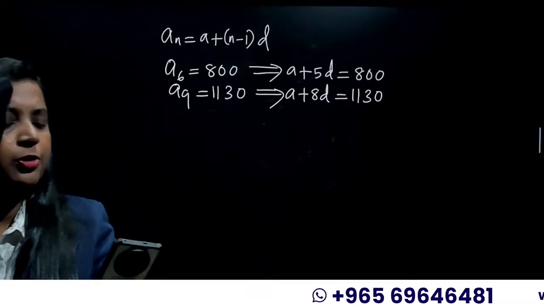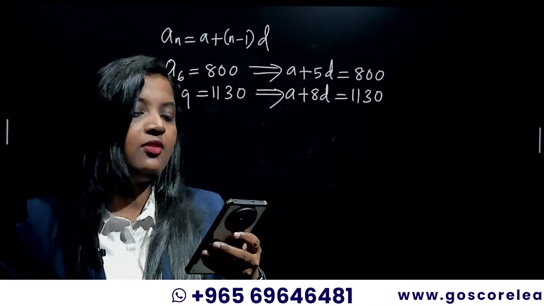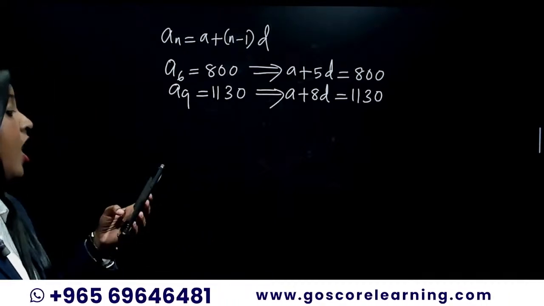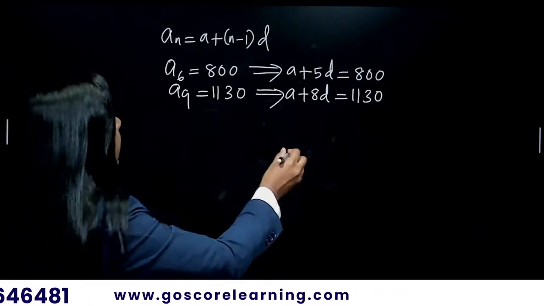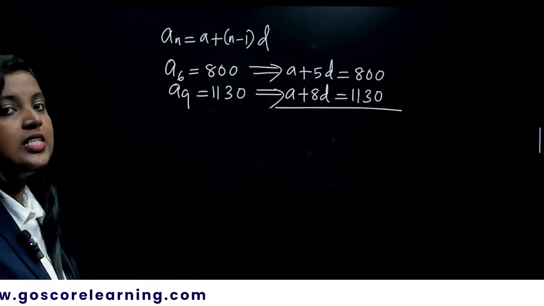Hello, I hope you all are there. If you have any doubts, you can always comment your queries in the chat box. I'll be replying to your comments. So we'll be finding this one, and A plus 8D is this one. Can we subtract these two? Yes.